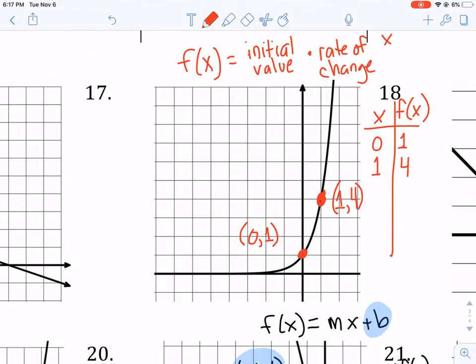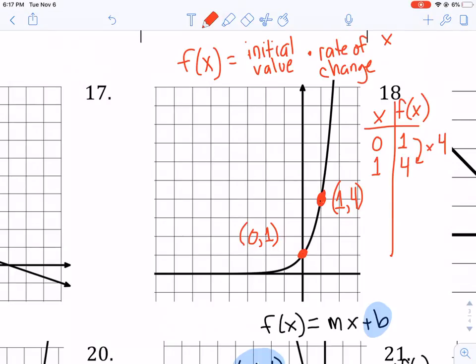Because I know this is an exponential function, I know that my outputs are going to be increasing by multiplication. I know it's not going up by addition. If it was addition, I'd be getting some sort of straight line like this. But it's not. Since I'm getting that curve, I know it's increasing by multiplication. To get from 1 to 4, I'd be multiplying by 4.